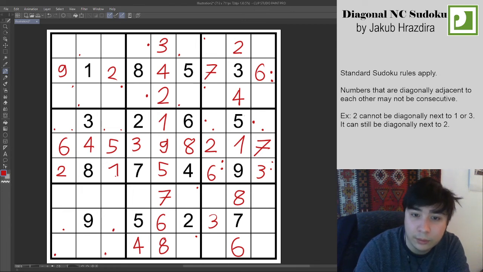Oh, with this 2, we do push the 1 over to this side, which gives us a 1 down here. Where's my cursor?